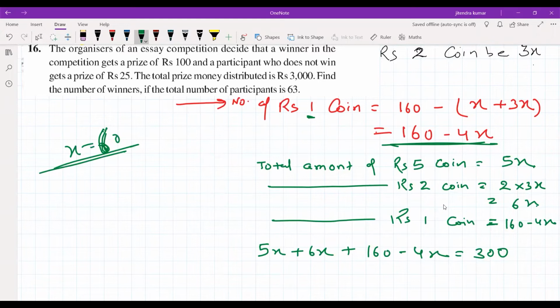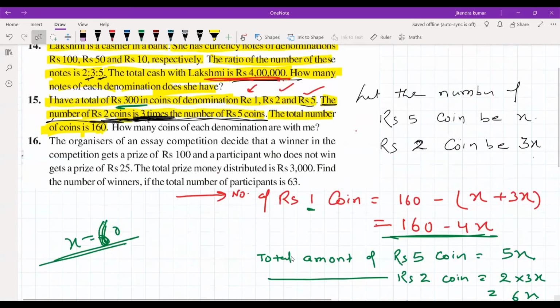Okay Vikas, and how much are you getting? 60 only. Is rupees 2 coin 60 or rupees 5 coin 60?